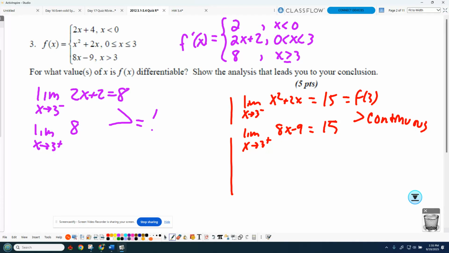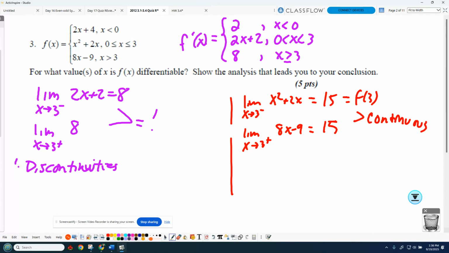So, yeah, what other kinds of things about differentiability? What kind of places can we not do the derivative at? Well, we can't do derivatives at discontinuities. What were you gonna say?